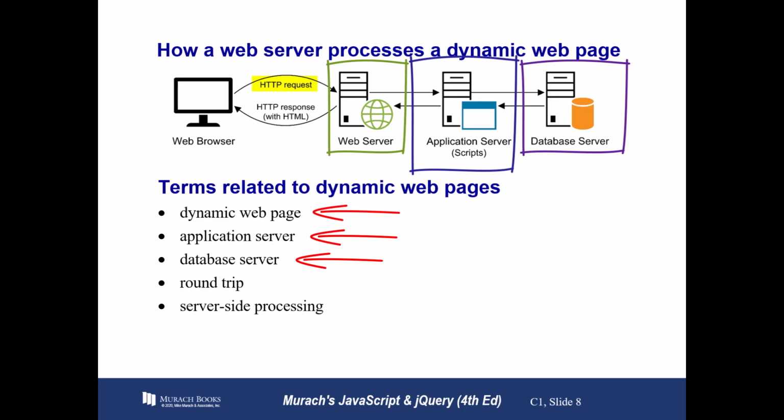Because of the dynamic nature of the web page at runtime based on the script results, we refer to this as server-side processing, which means that the page content gets finalized and rendered by the browser when the HTTP response is returned from the web server, or when the round trip is completed. Generally, the script will use a server-side language like PHP, Java, C#.NET, etc. for the server-side processing.